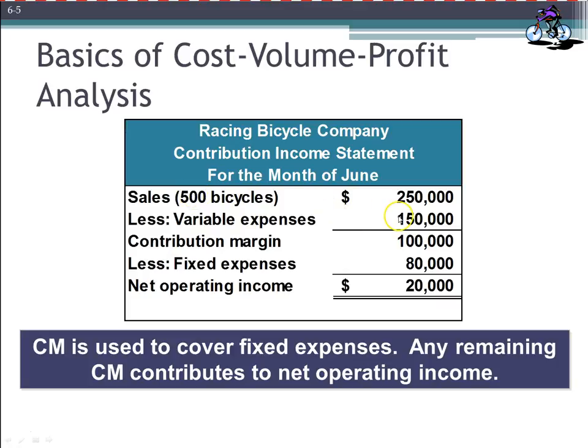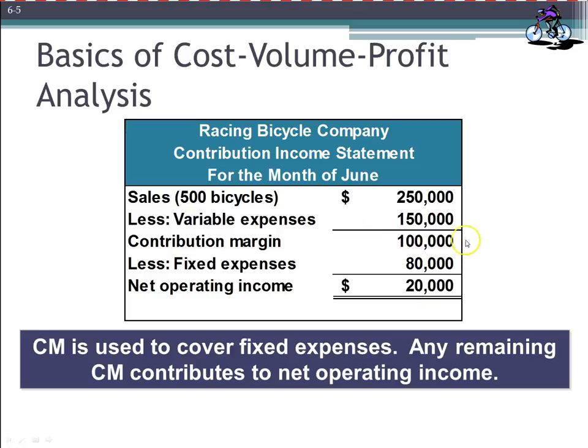So our variable expenses are directly proportionally tied to the number of units that we sell. So in this example, we've sold 500 bicycles, so you could divide that 150,000 by 500 and very easily come up with a variable expense per bicycle or per unit, right?